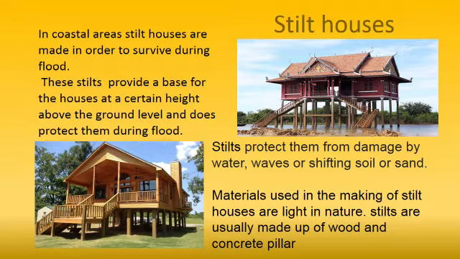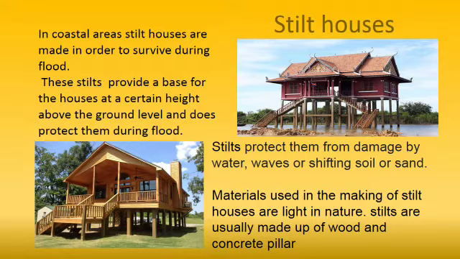Why is there a need to build such houses? Children, these houses are normally built along coastal areas. These buildings are often constructed on stilts to protect them from damage by water.